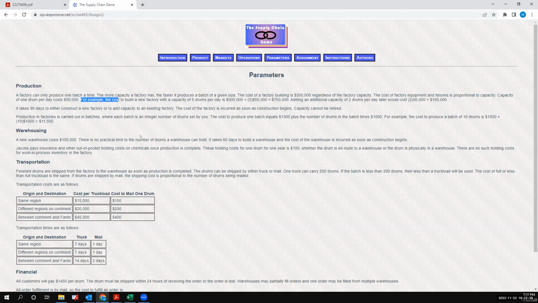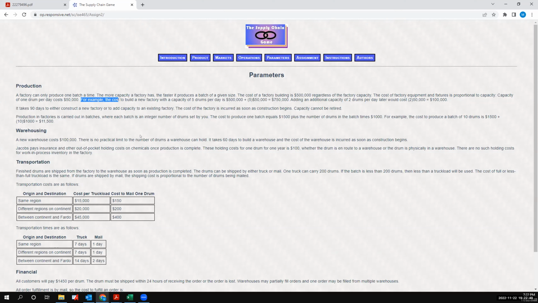So, regardless of the capacity that you choose, the fixed cost of $500,000 should be there. So adding an additional capacity of 2 drums per day later would cost $100,000. So if you want to add capacity later, you don't have to pay the fixed cost. Fixed cost is only at the beginning.